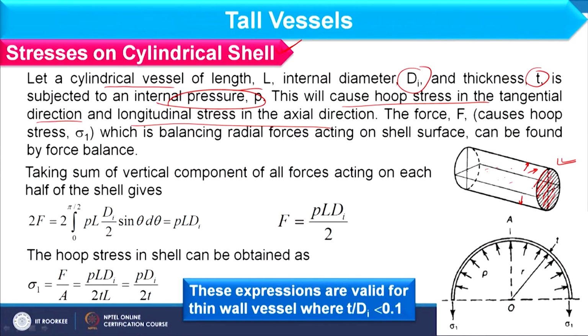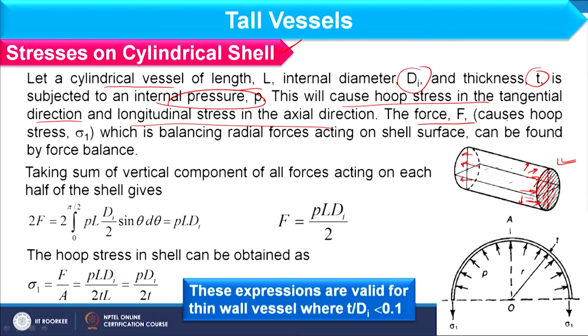And in the same line it will try to push this face also, like this, right. It means it is due to the longitudinal stresses. So, usually when we consider the cylindrical shell, hoop stress as well as longitudinal stress both will be calculated. So, let us see that.